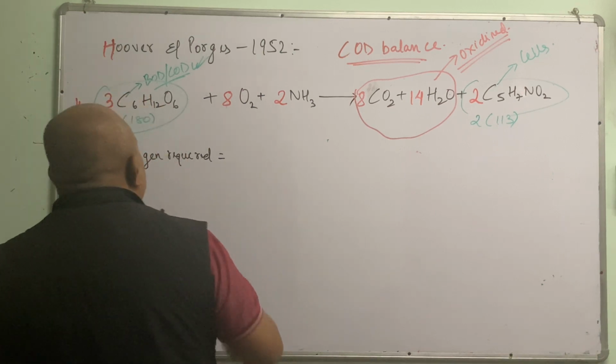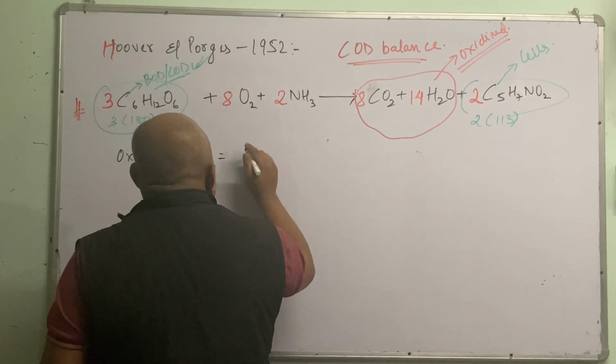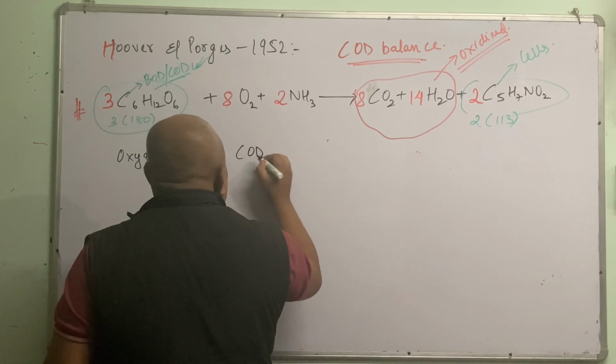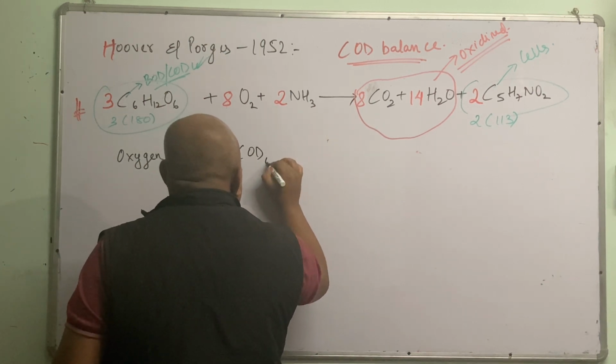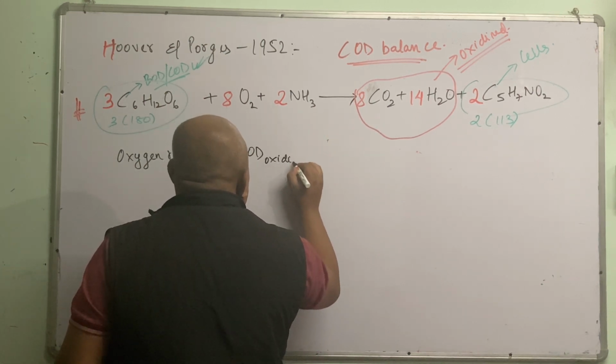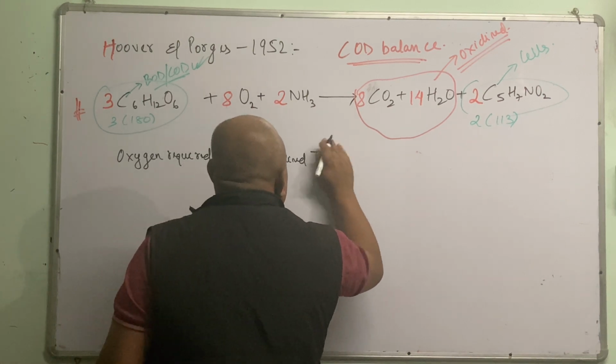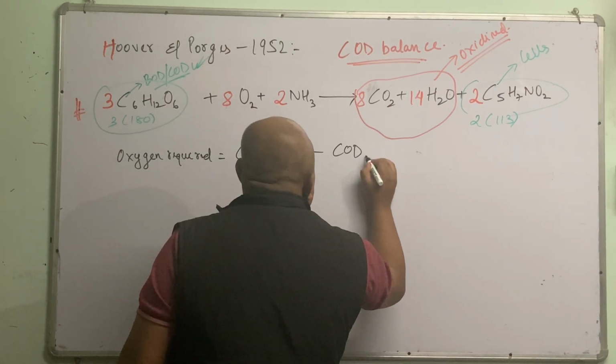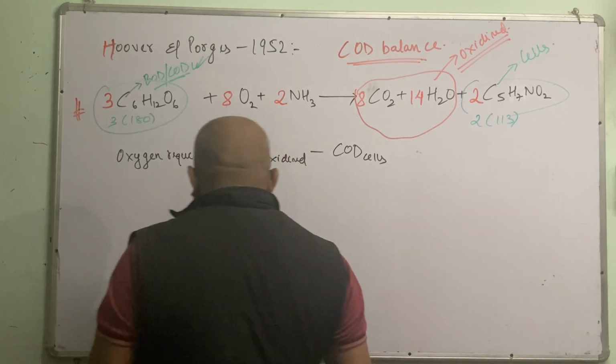The oxygen that is actually required is how much COD is oxidized, minus what is used in terms of cells.